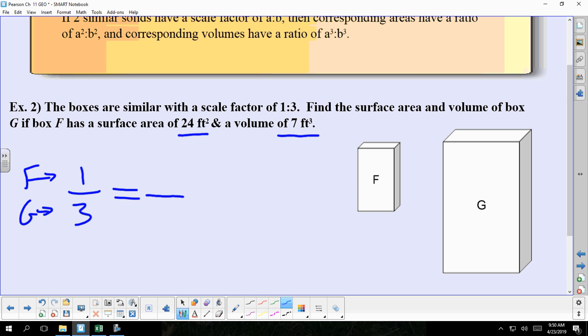So for the surface area, I'm going to square each of those. Okay? So I want to solve for G. I'm given F is 24. So now I simplify these over here and just cross multiply.